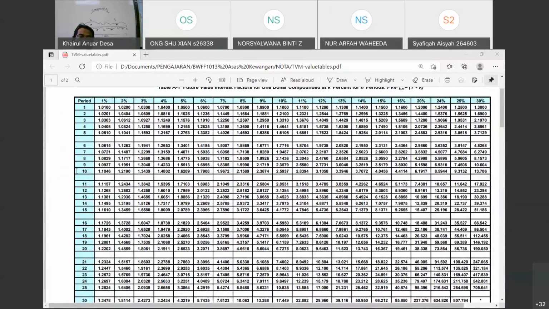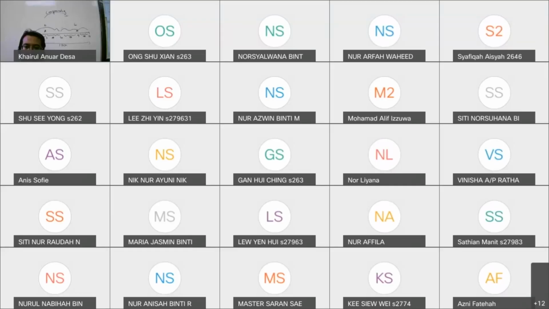Sama juga kalau tahun, you dapat 5.5 years or 10.2 years, we cannot use the table and must go back to the formula. Kita kena balik kepada formula untuk menyelesaikan soalan berkenaan.